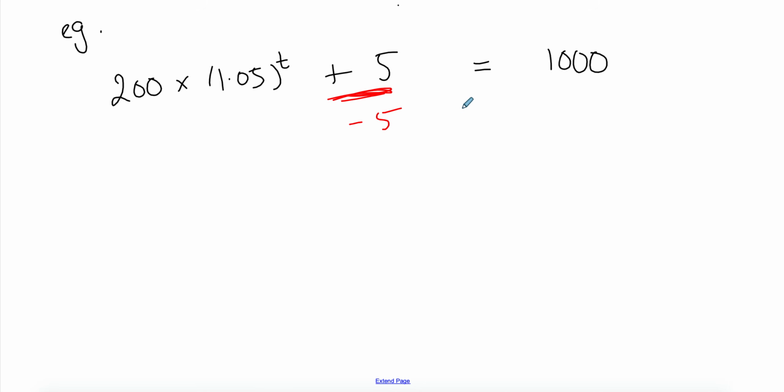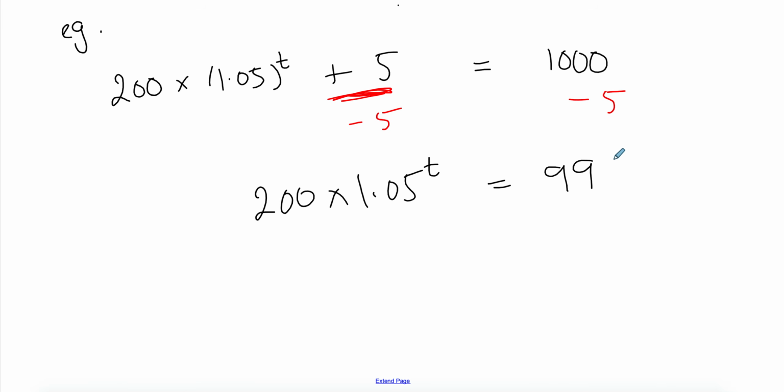So you're going to subtract 5 from both sides first. So you end up with 200 times 1.05^t is equal to 995. And then you're going to do the whole divide by 200 and then take the log. So the point is just solve it like a normal equation, but get rid of the positive or negative.